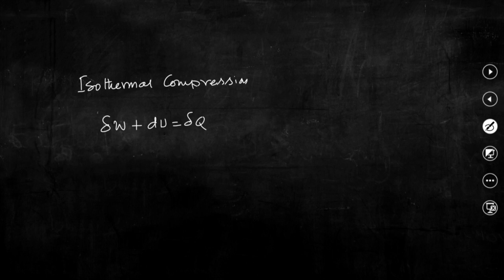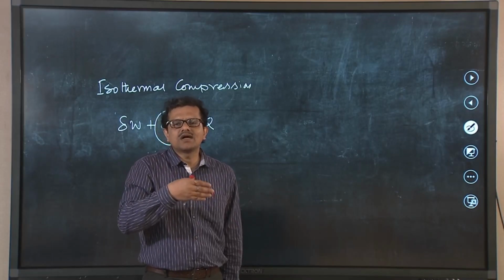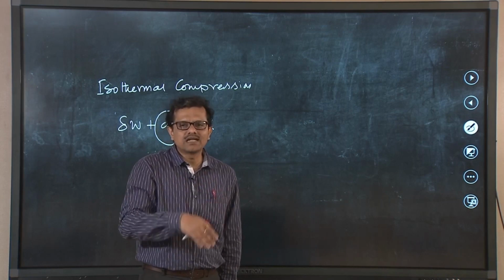Now, for the reversible compression process following isothermal compression, the amount of work that is done on the gas, certainly if the working fluid is air or any ideal gas, certainly we are supplying a certain amount of energy in the form of work, and that work done on the gas during the process will be transformed into an increase in the internal energy.